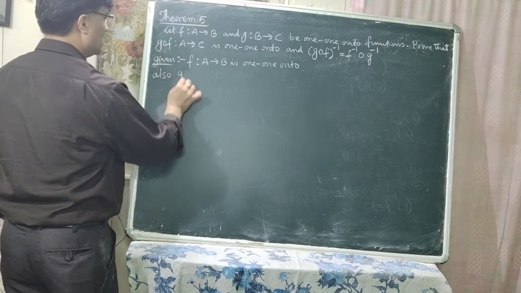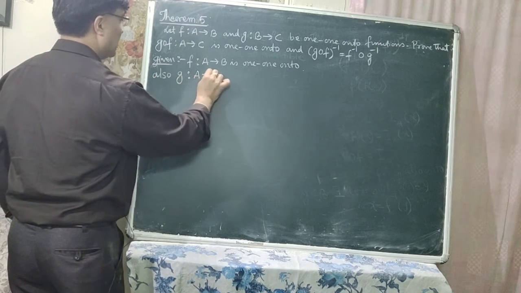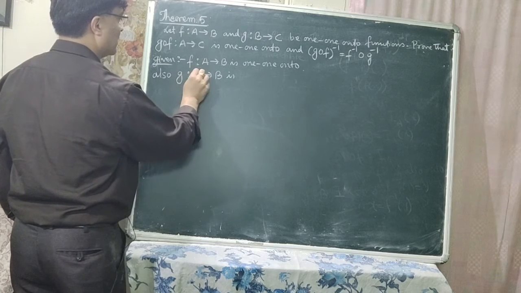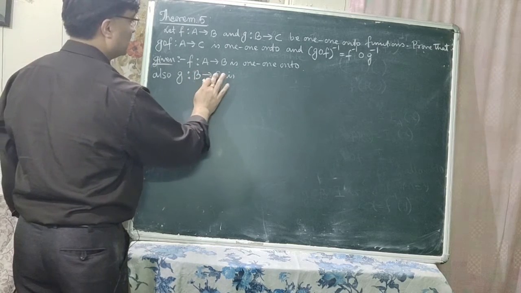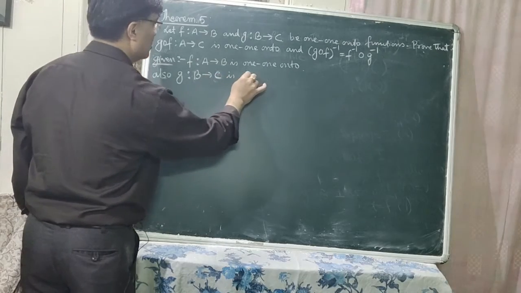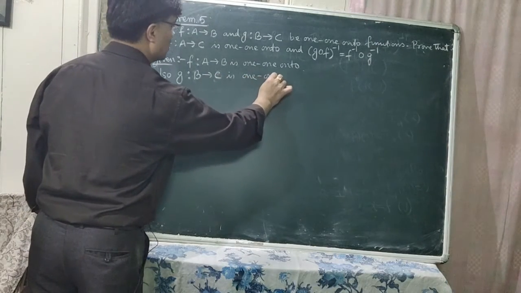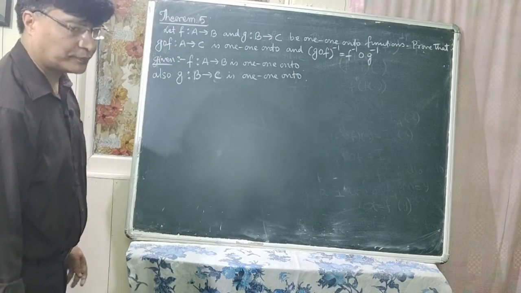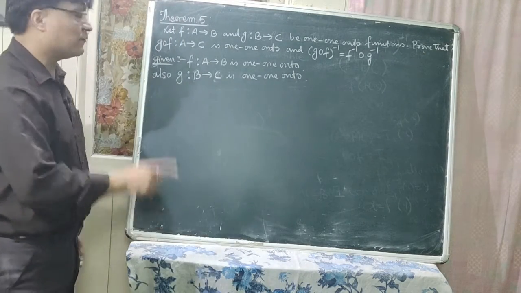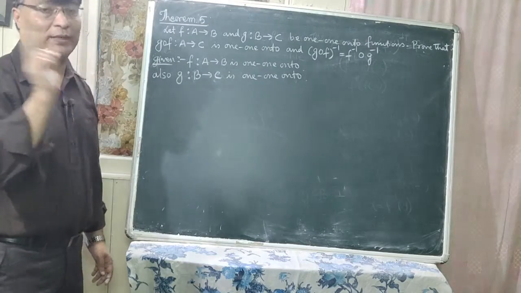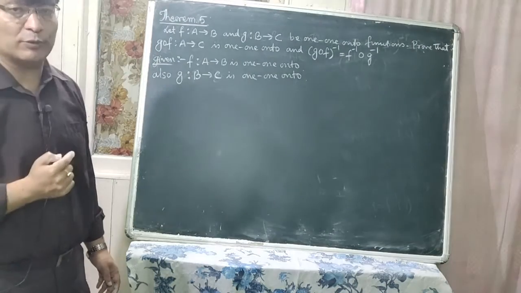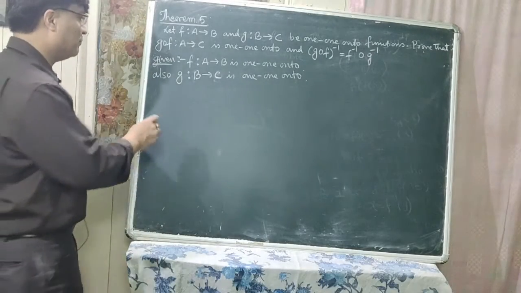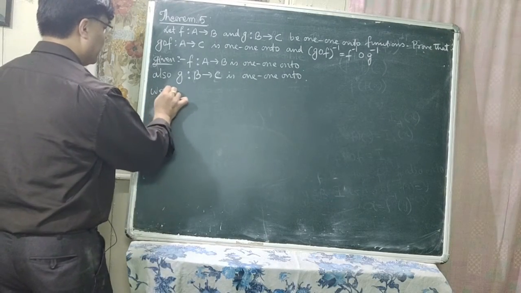Also g such that B to C is also 1-1 onto. Now, first of all, you have to prove that g∘f is 1-1. First prove that g∘f is 1-1. Then we can prove g∘f as an onto function. Okay.